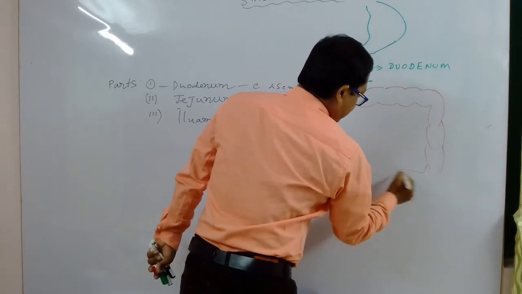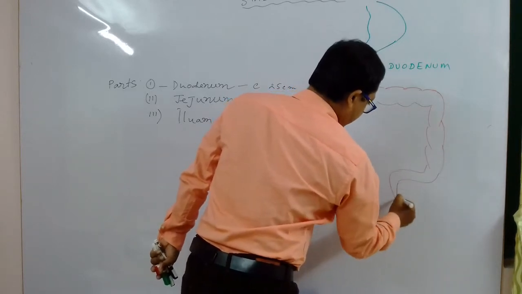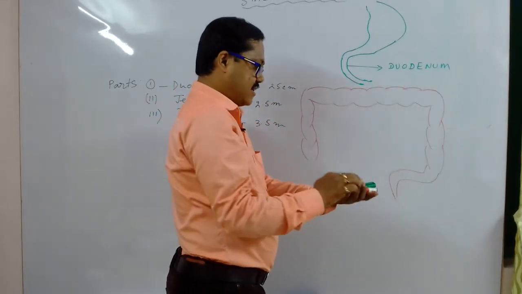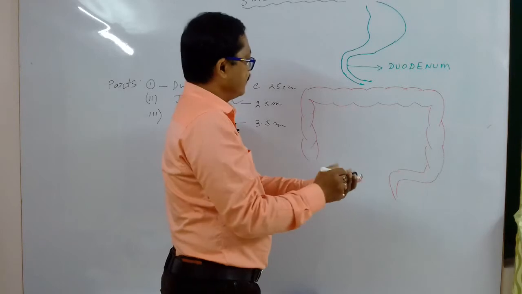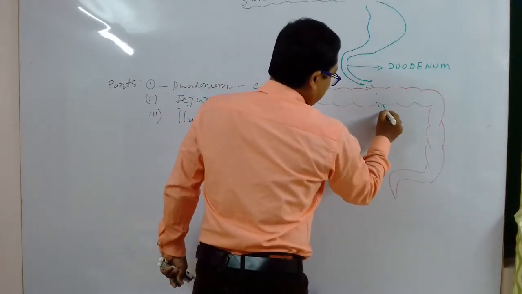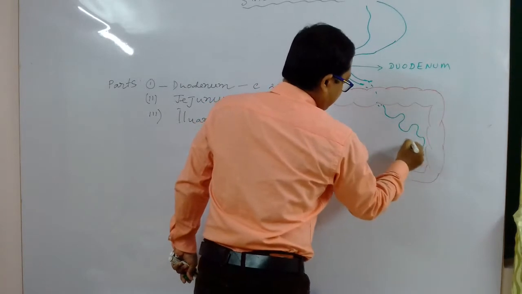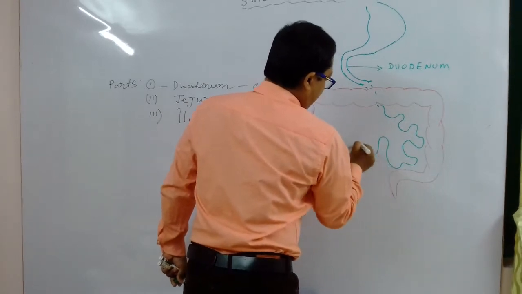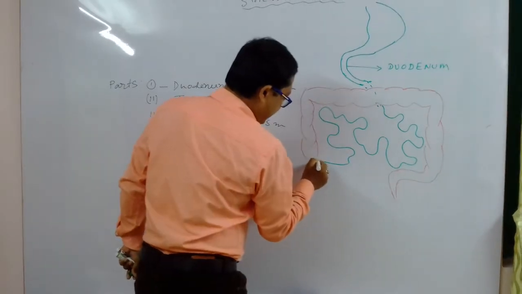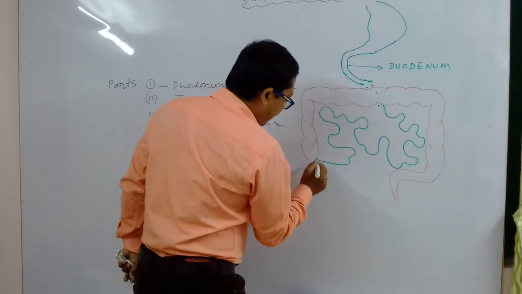Within the large intestine, the C-shaped duodenum enters and forms a convolution. This is the duodenum. It forms a highly convoluted structure, and it meets with the large intestine.